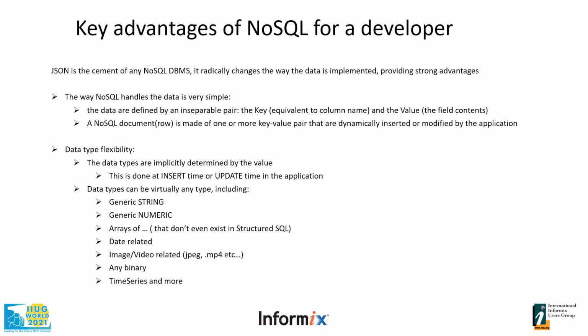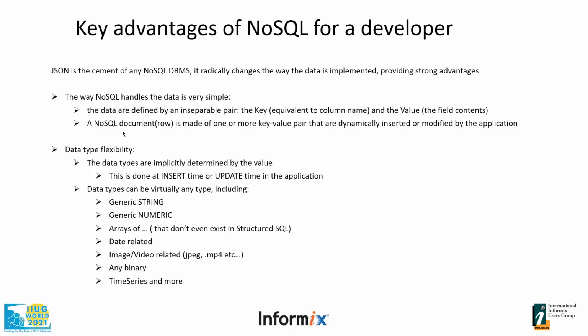First, the way NoSQL handles the data is very simple. Every data is made of pairs of key and value. The key is equivalent to the column name, and the value is equivalent to the contents of a column.